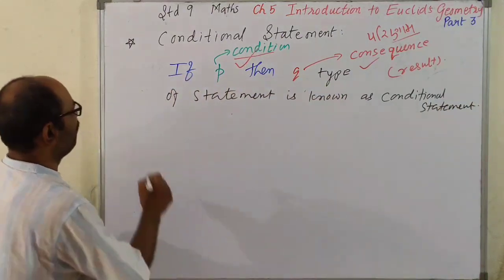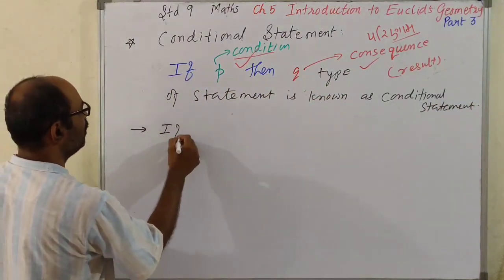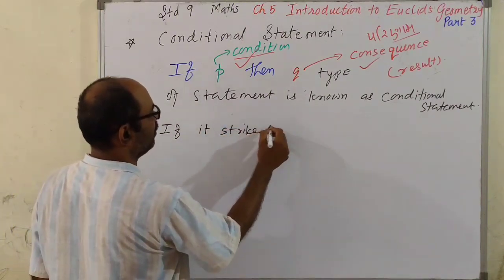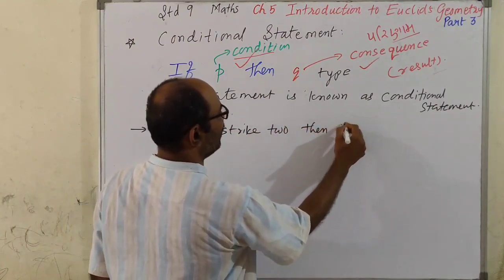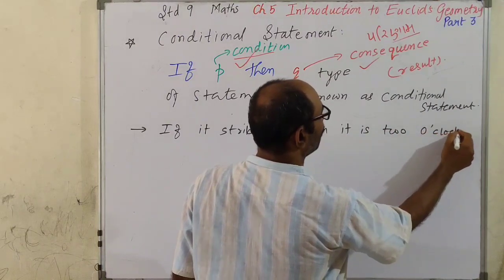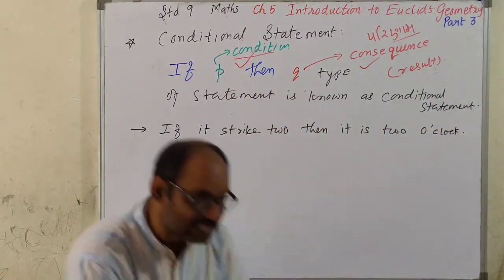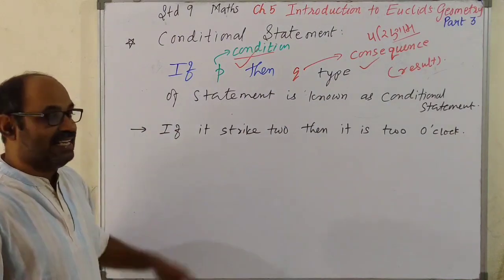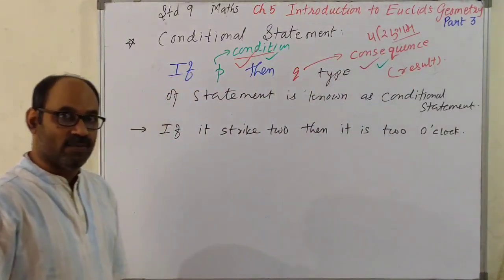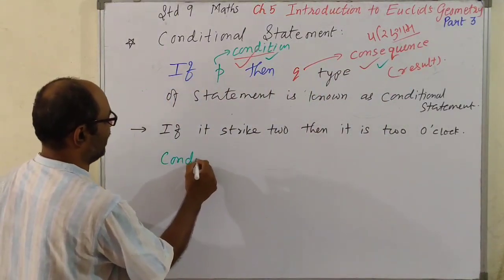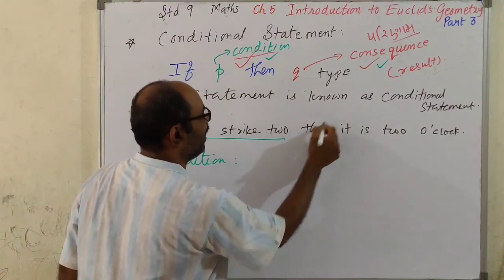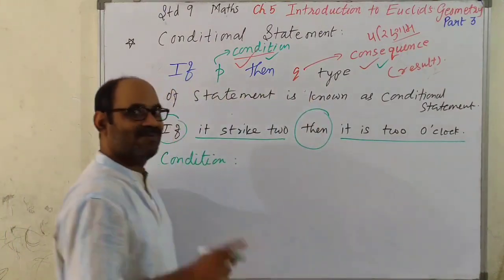All right, let's see a few conditional statements. If it strikes 2, then it is 2 o'clock. Please, from this sentence, I am going to write two things. One is condition and other is consequence. So I am going to write condition here. This is a conditional statement. If P, then Q. Are you getting me?